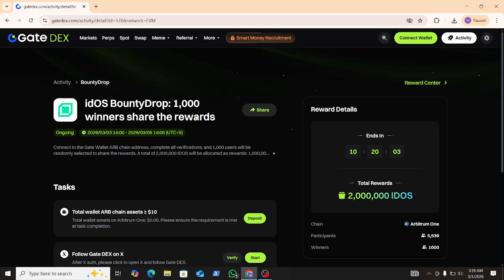Connect the Gate wallet ARB chain address, complete all verification, and 1,000 users will be randomly selected to share the rewards.